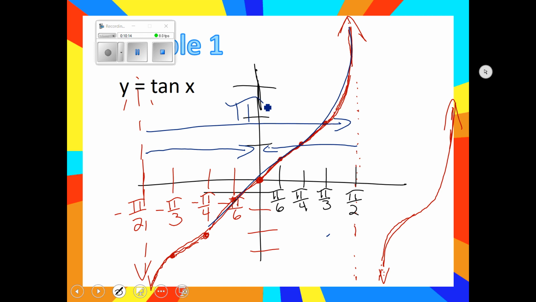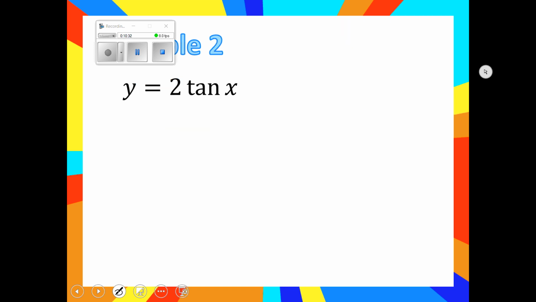It doesn't go from 0 to pi. The basic goes from negative pi over 2 to pi over 2, which is still a length of pi, but it doesn't start at 0. I don't want you to think that the wave is always going to start at 0 like sine and cosines. All right. So let's look at what we have.